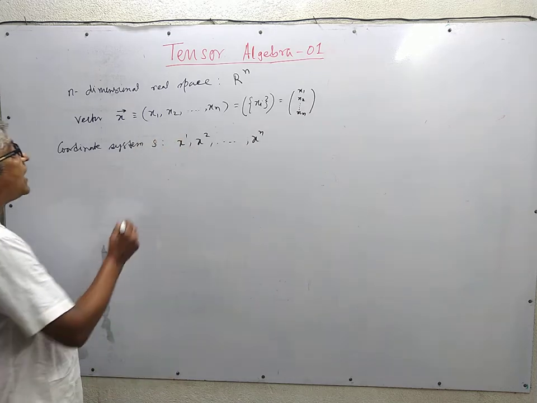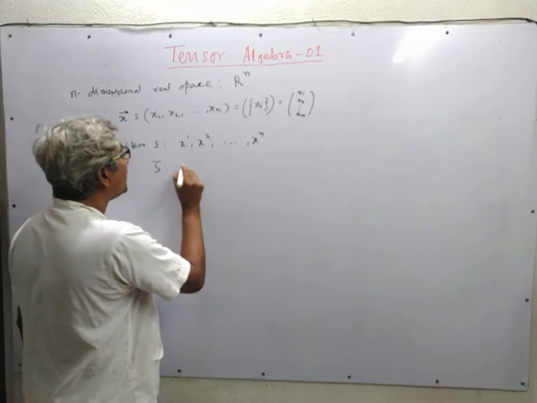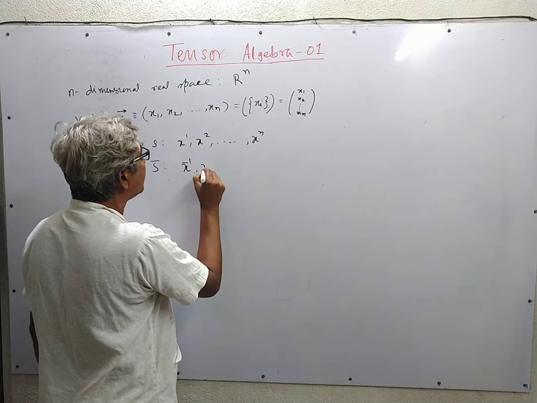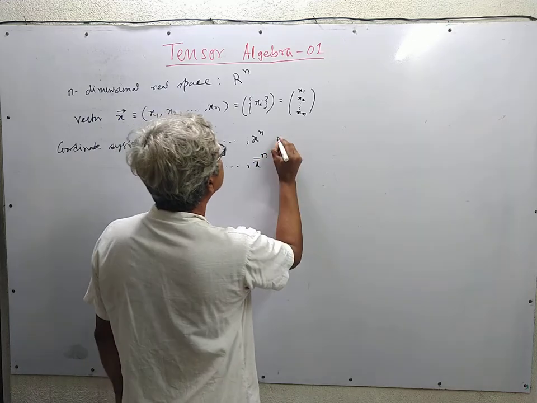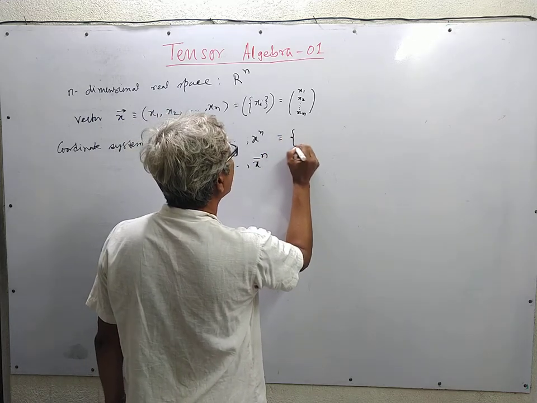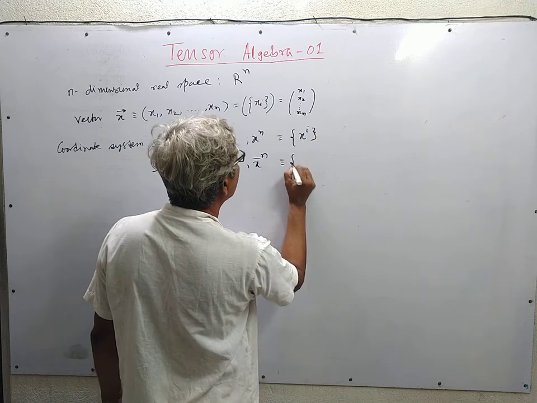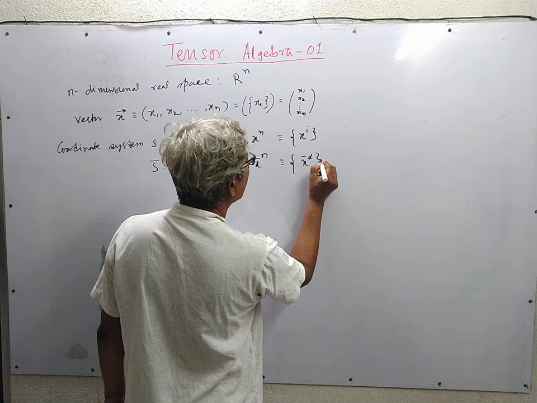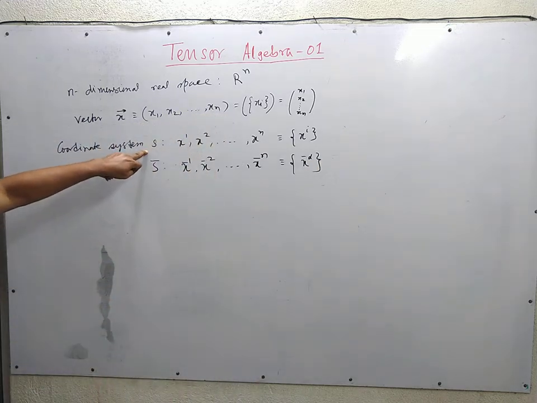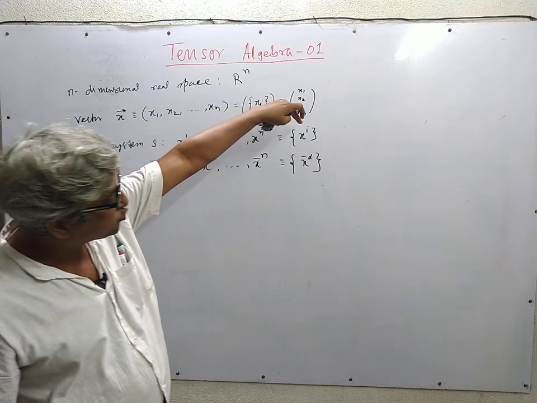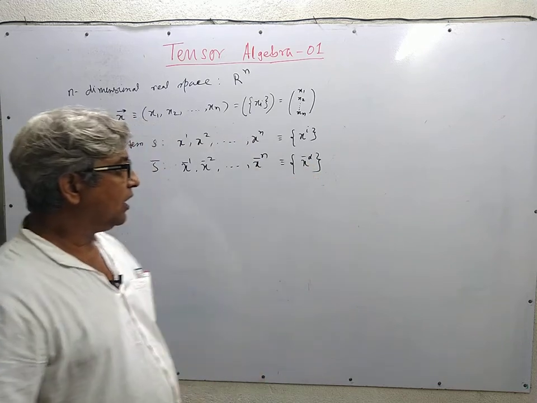And we have another coordinate system, the bar system, with coordinate axes x bar 1, x bar 2, up to x bar n. This is simply written as xi, and this is written as x bar alpha. Note that for the S system we have used Roman indices, and for the bar system we have used Greek symbols.